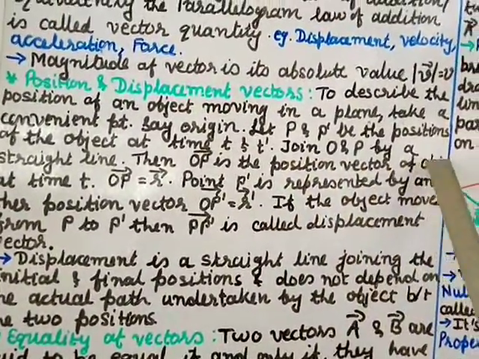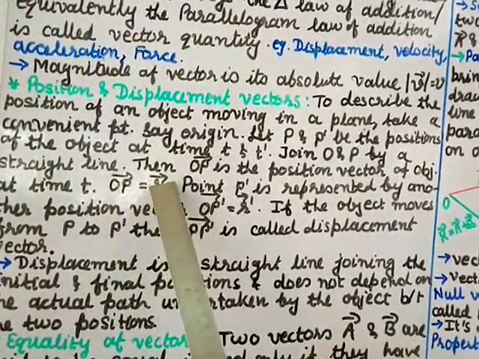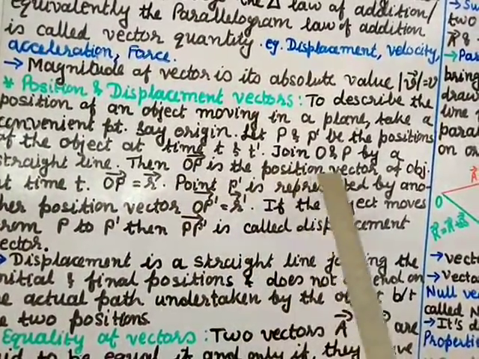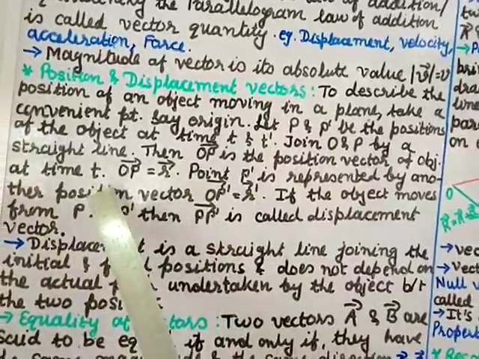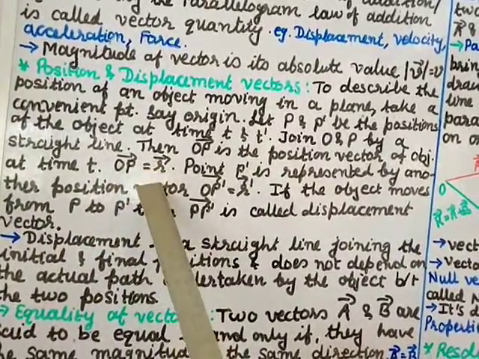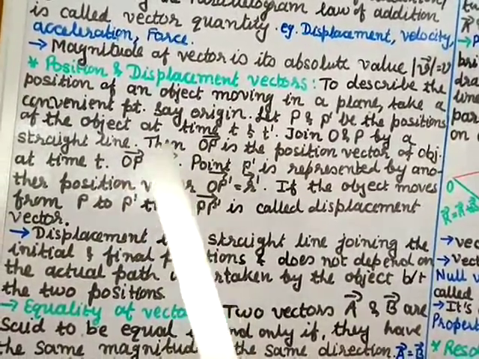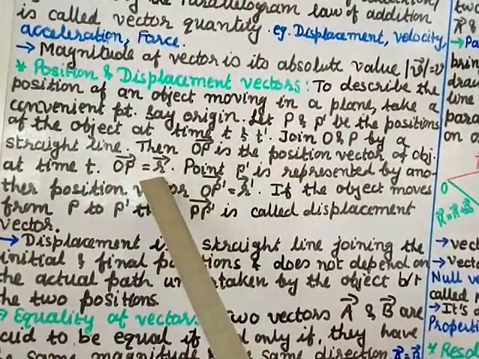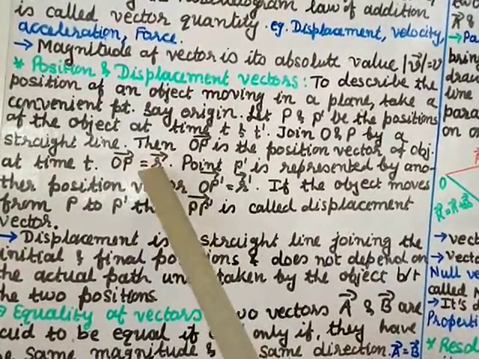Join O and P by a straight line. Then vector OP is the position vector of the object at time t. Vector OP is equal to vector R. This is the symbol we use for vector.